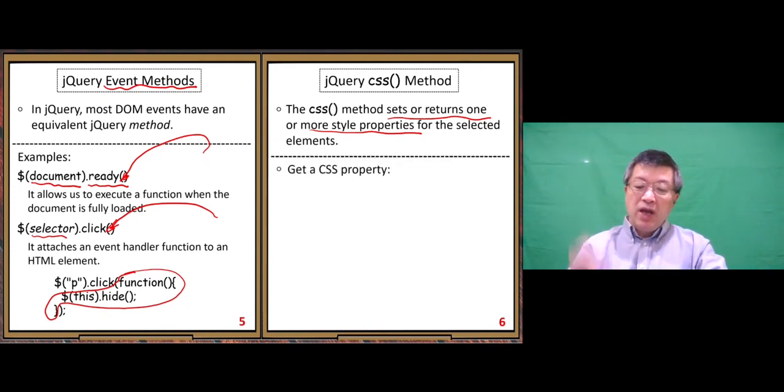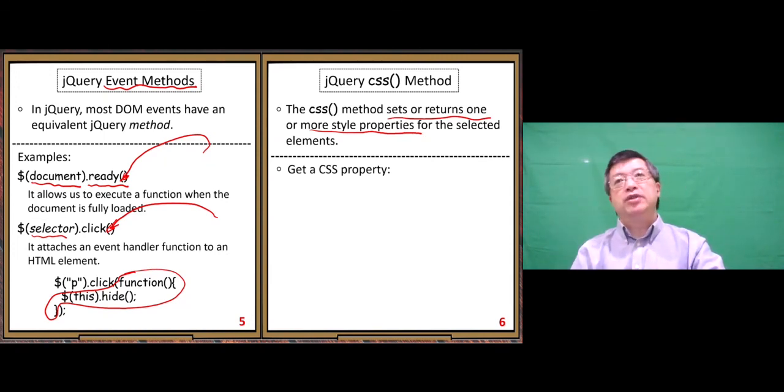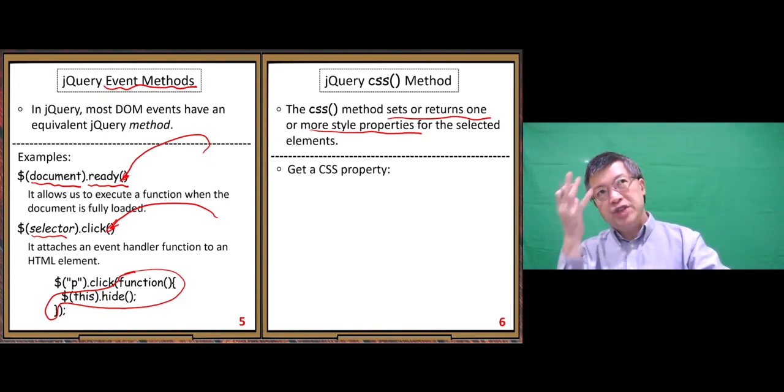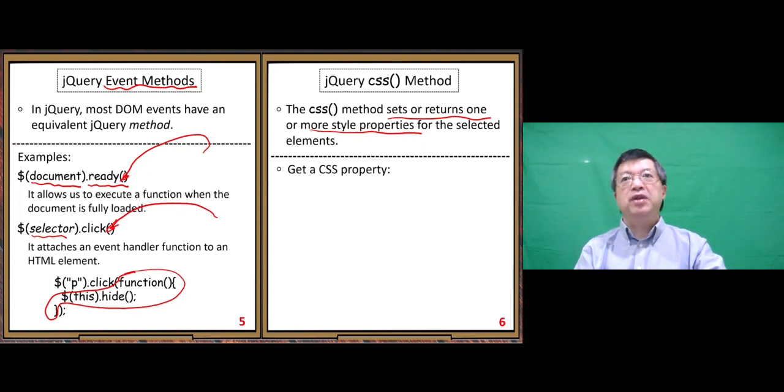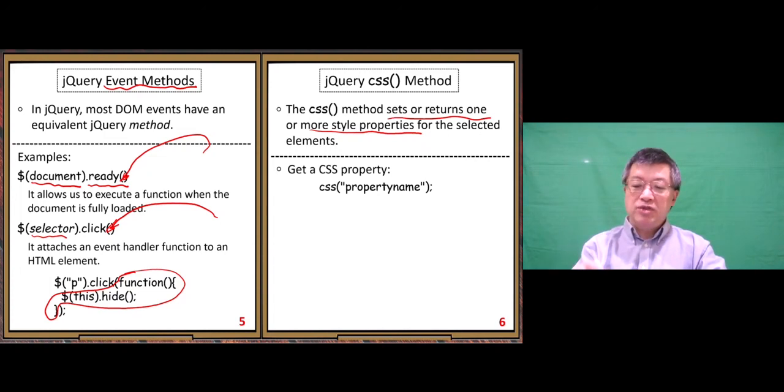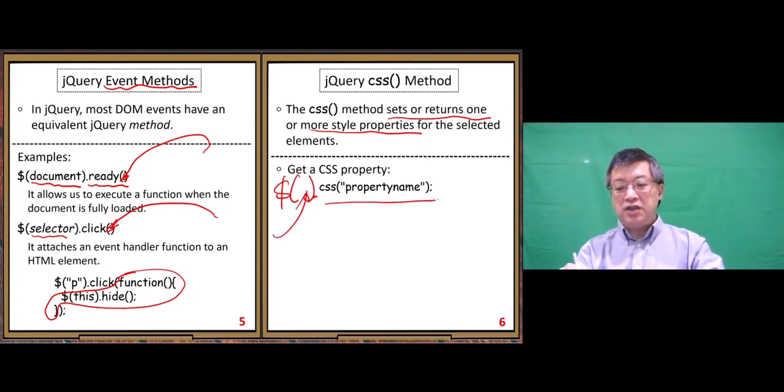Some examples. Get a CSS property. We want to retrieve some CSS property value. So we use this way. Definitely we need to select, right? For some selected elements, $, what we learned before, dot CSS property name.